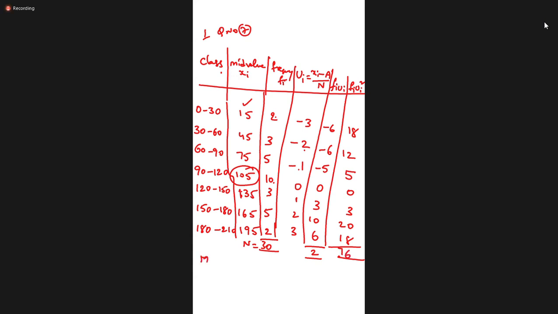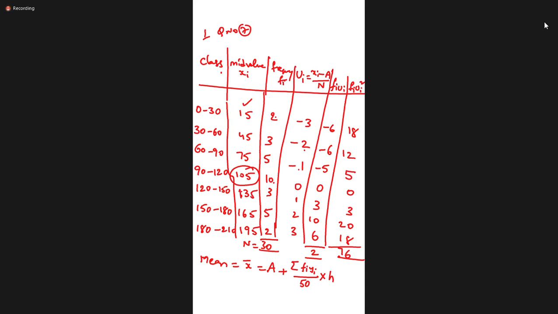So here we have to find the mean. The formula is x bar equals A plus sigma fi ui by n, into h. H means class interval.